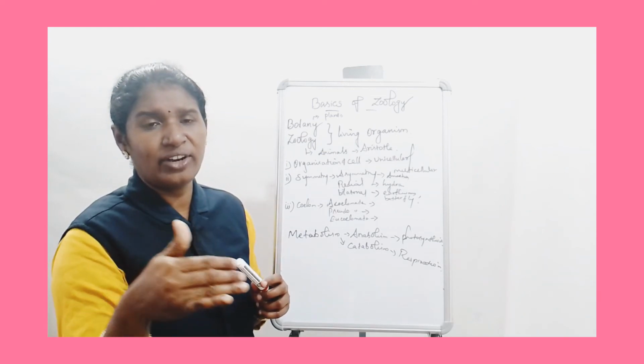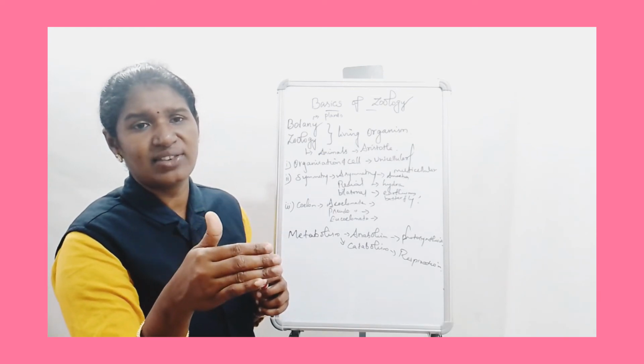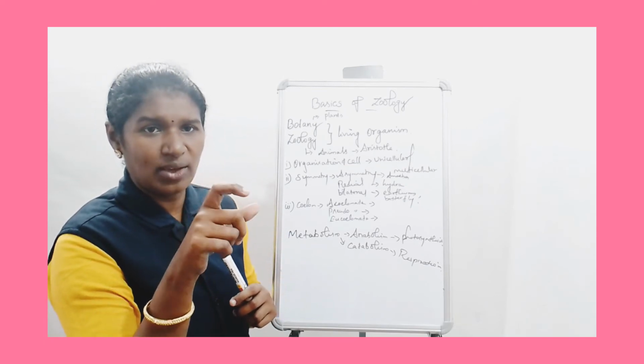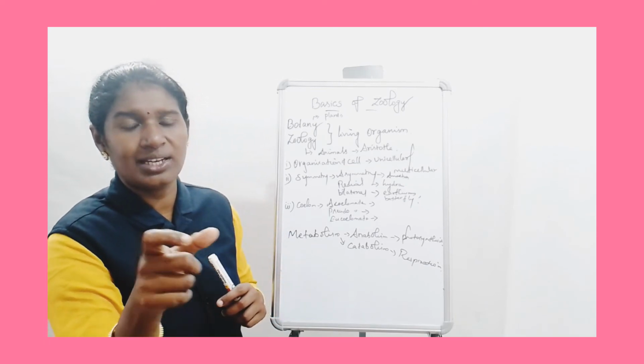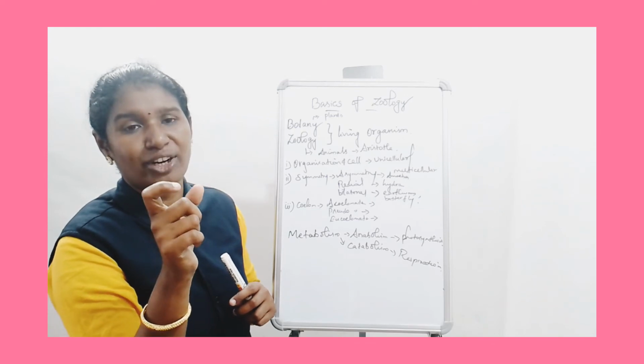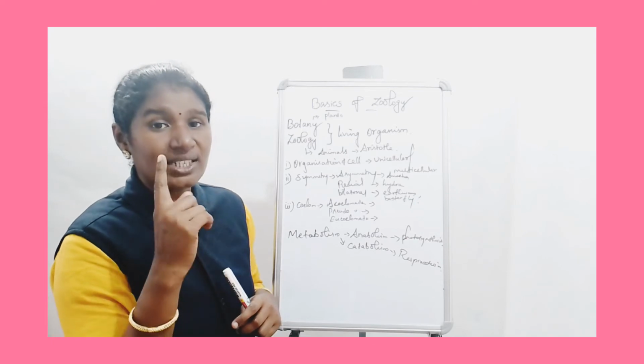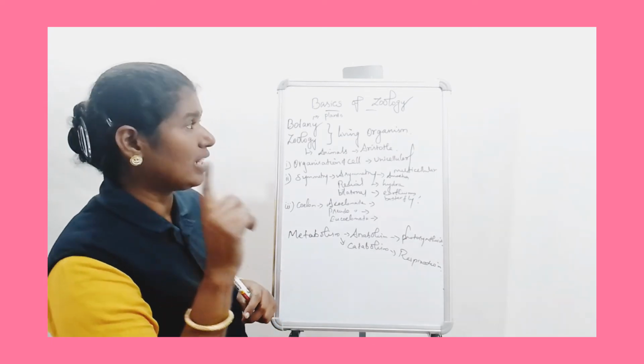These 5 different types of kingdoms are classified by R.H. Whittaker. So he coined the term that kingdoms are classified into 5 types. R.H. Whittaker.